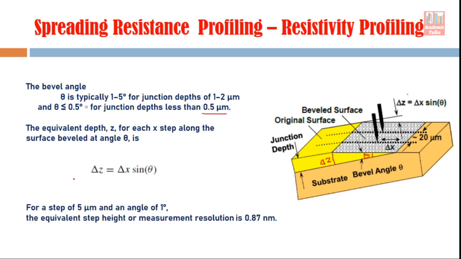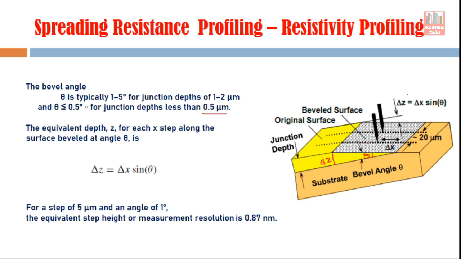For example, if this angle is 1 degree and the step is 5 micrometer. I told you that in the case of spreading resistance, the resolution is 5 micrometer, meaning within a gap of 5 micrometer we can repeat the measurement. So if we put here 5 micrometer and 1 degree, then the delta z is about 0.87 nanometer.